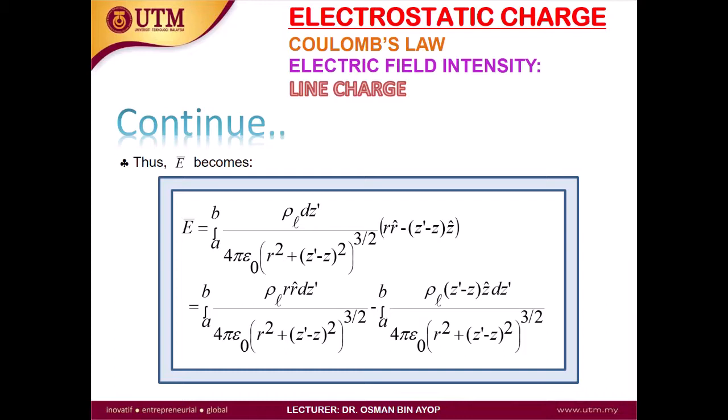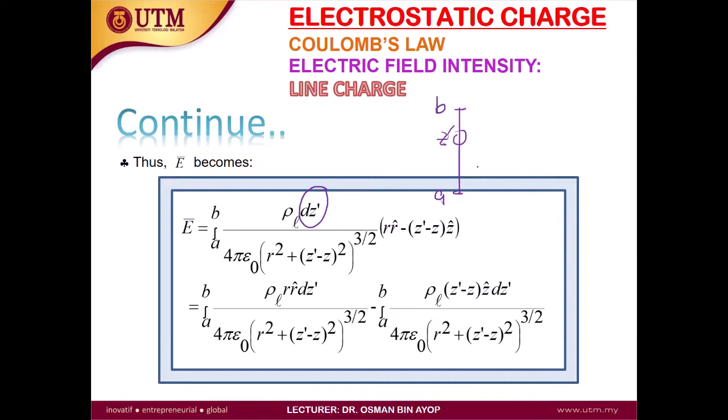Next, you have to integrate with respect to dz prime. Why dz prime? Because z prime is our variable. The location is anywhere on the line charge, but the limit of your line charge is from A to B. This is where the integration should be made.